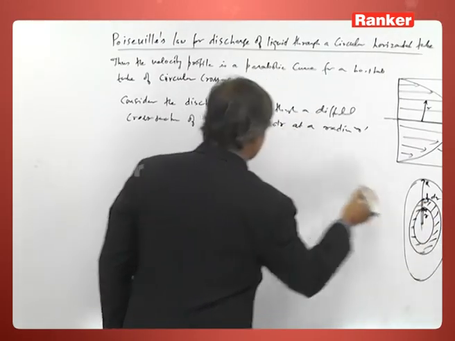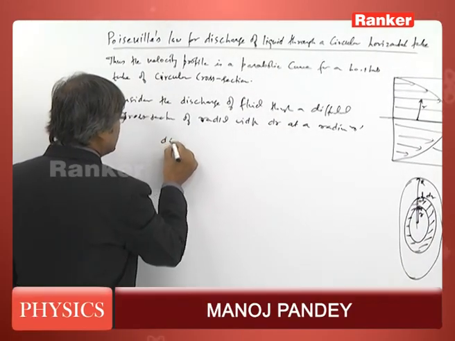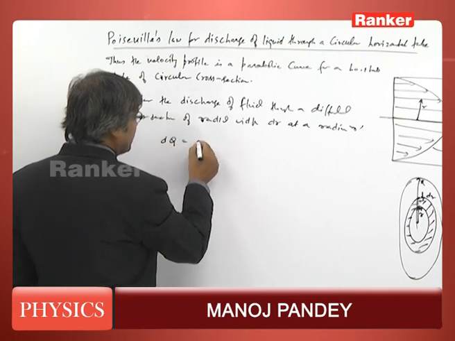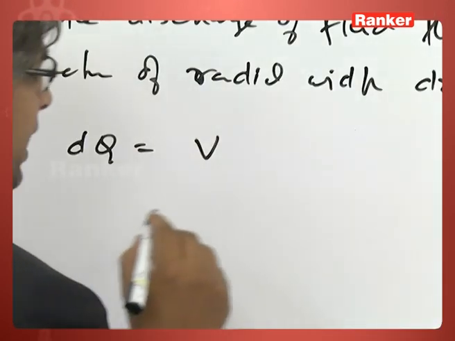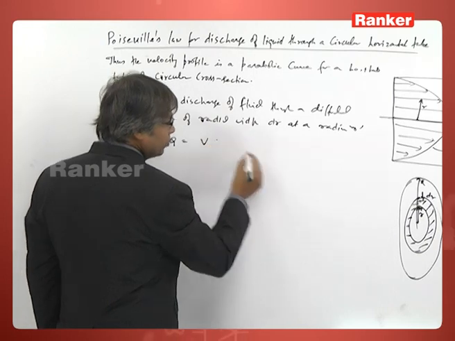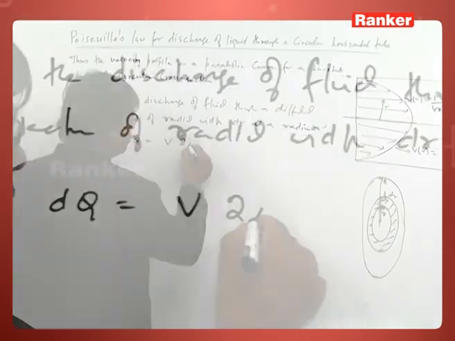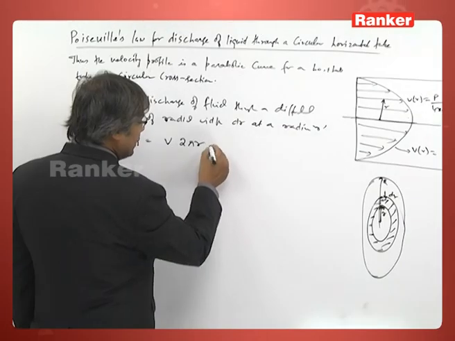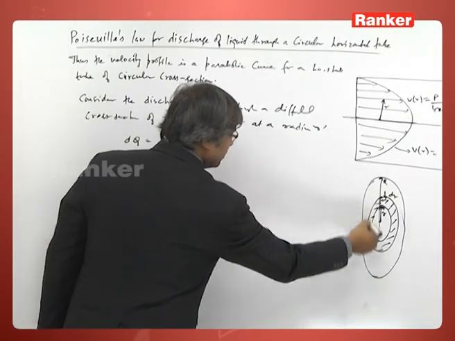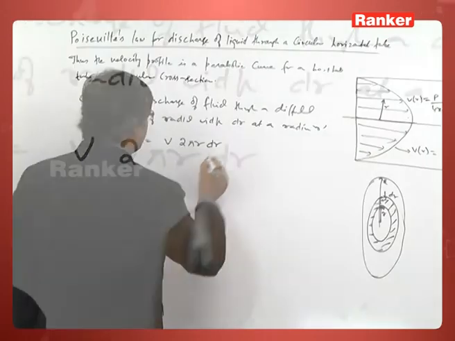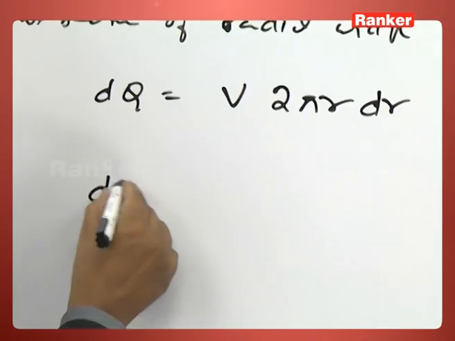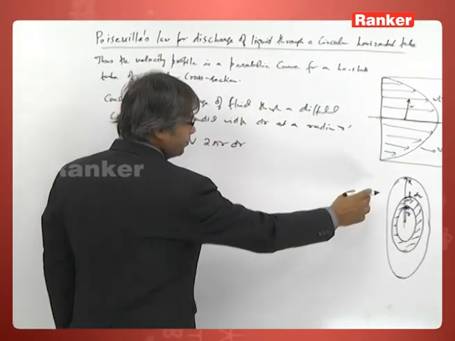So, we will have the discharge dQ is equal to velocity into the area. The area of this shaded cross section is 2 pi r into dr, this is the circumference, into dr. So, this is the discharge only through this portion.